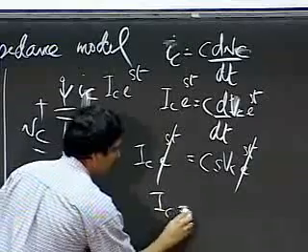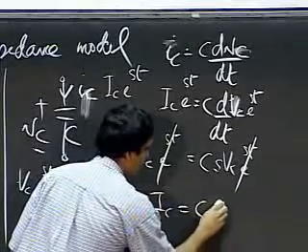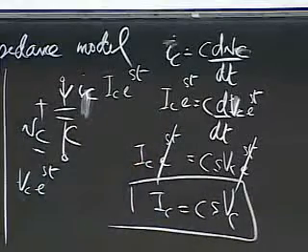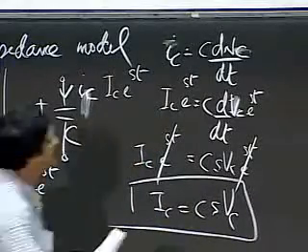Interesting. So I get IC equals C S VC. Very interesting.